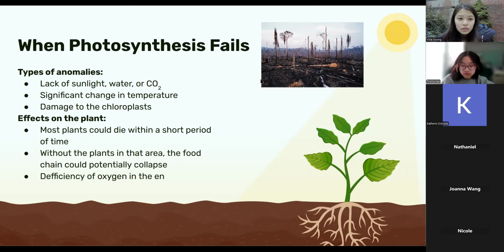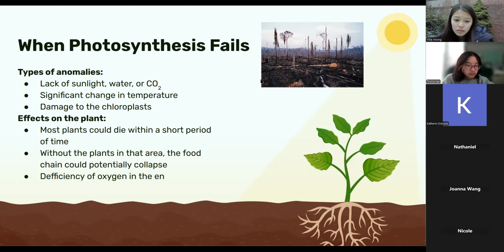So this could affect the plant very significantly. Since photosynthesis is its main way of getting energy from sunlight, most plants could die within a short period of time. And when photosynthesis fails, it not only affects the plant, but it could also affect the environment around it. Let's say that when photosynthesis fails, most of the plants in an area die.